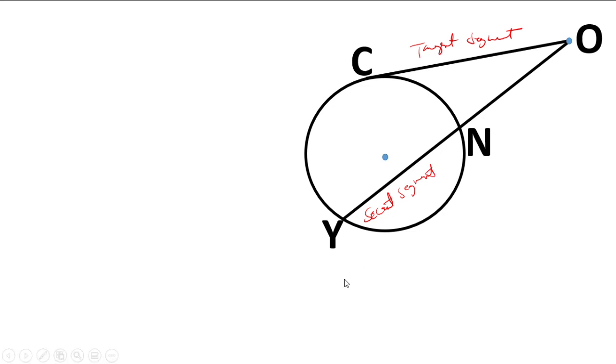Next, sabi niya, yung sukat nito ni CO, square mo, so CO square, equal siya sa product ng secant segment, which is YO, at saka yung kanyang external na si NO. Yun ang ibig sabihin nung ating theorem.